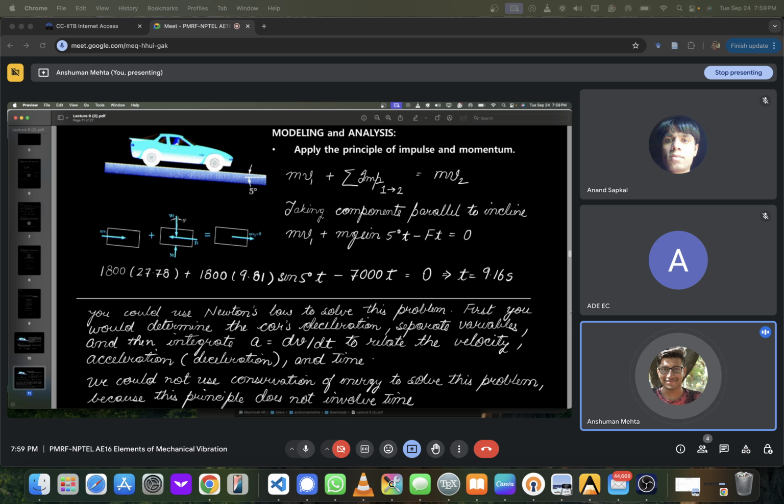So this will give us t is equal to 9.16 second. So this much time to decelerate from 100 km per hour to 0.